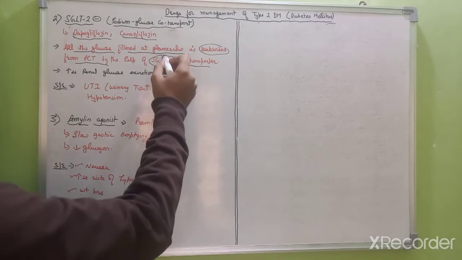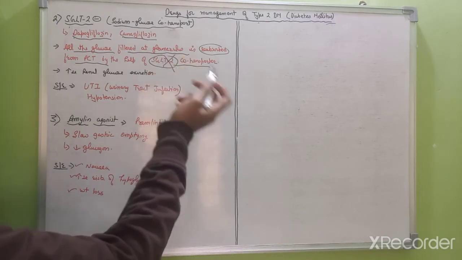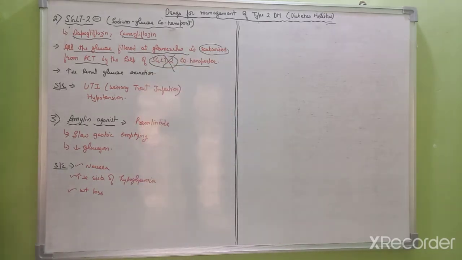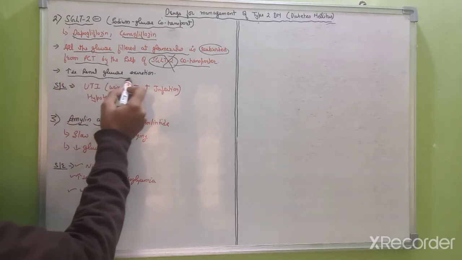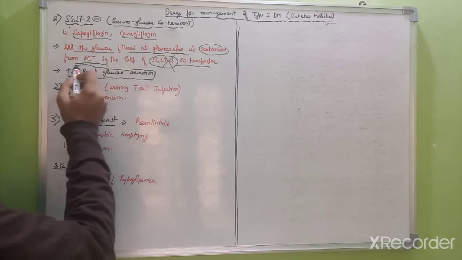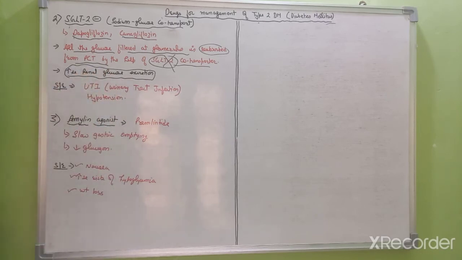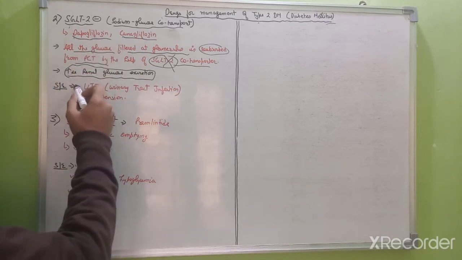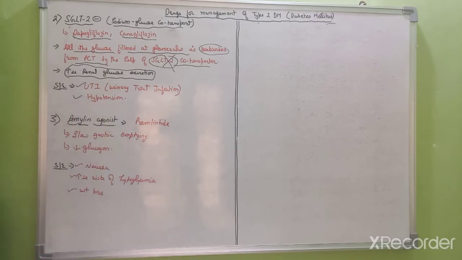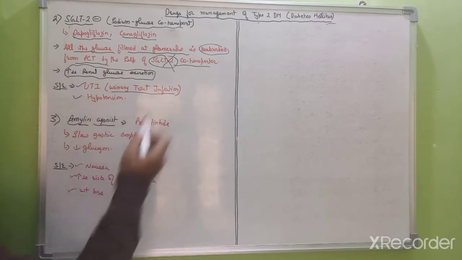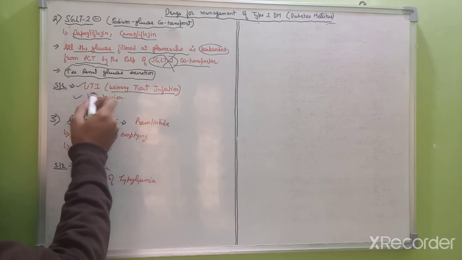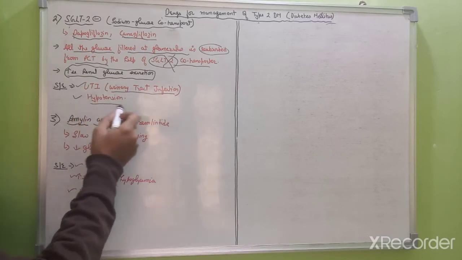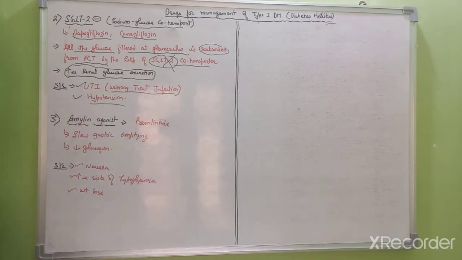So if we inhibit this transporter, the glucose will not be reabsorbed into the body. So basically this drug will increase renal glucose excretion. The side effects of this drug are UTI and hypotension. UTI means urinary tract infection.